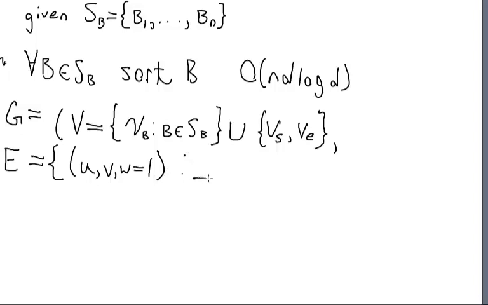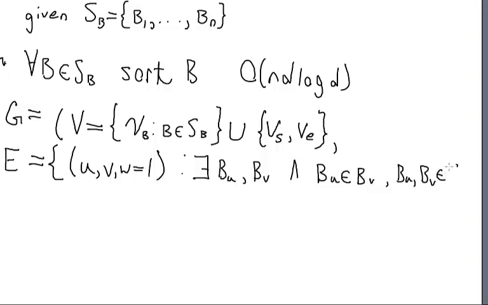such that there exists, say, BU and BV, and BU is nested in BV, where BU, BV are inside S_B.